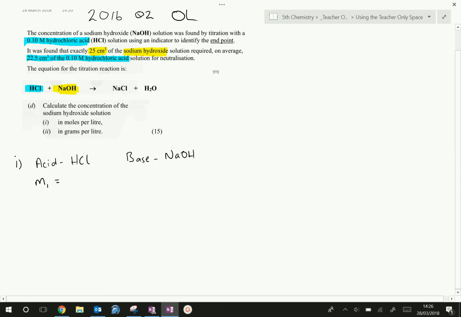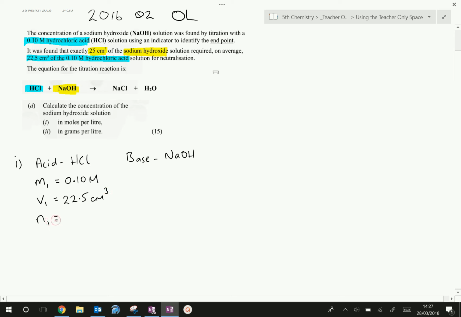The molarity of the acid from above is 0.10 molar. So I do know that. Then V1, the volume of acid I used. Do I know how much acid I was using? We can see up there in the blue that we used 22.5 centimeters cubed.